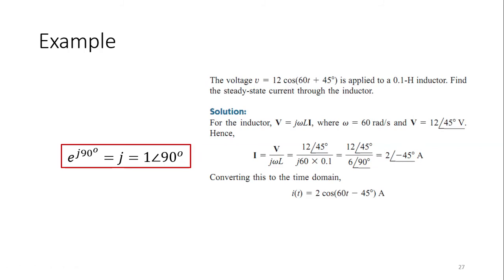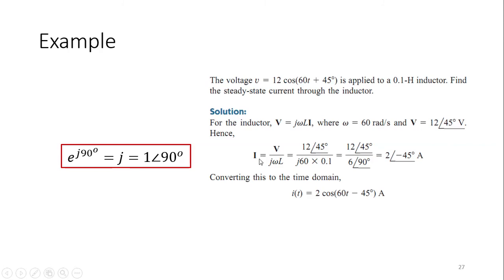If it were a sine function, then we would have to take the respective phase angle difference by converting this sine to a cos function, subtracting 90 degrees, and in the end we would get the exact expression which can be converted into phasor. But here, because the given function is in cosine, we need not worry about this conversion, and we can directly write the voltage as 12 angle 45 degrees.